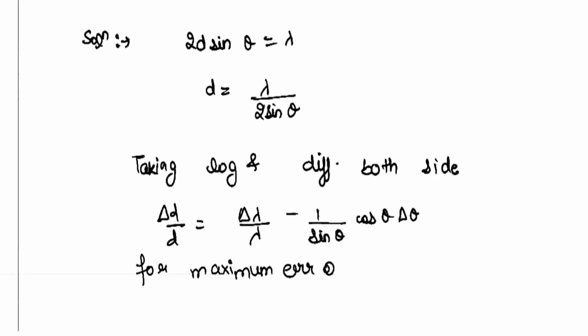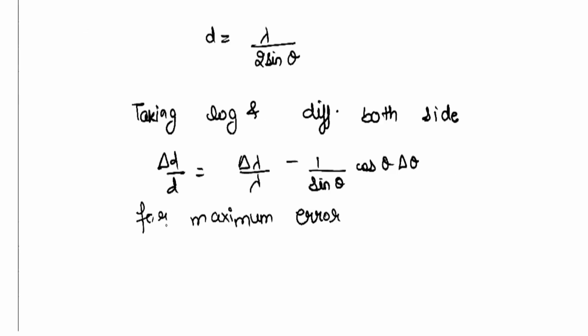For maximum error, all errors should be added, so we can write delta d divided by d is equal to delta lambda divided by lambda plus cos theta divided by sin theta into delta theta.